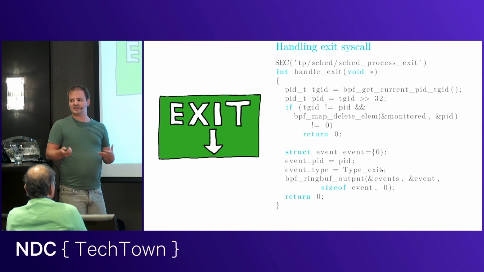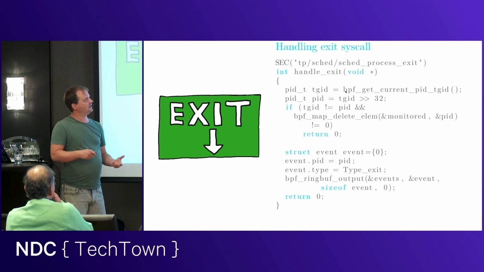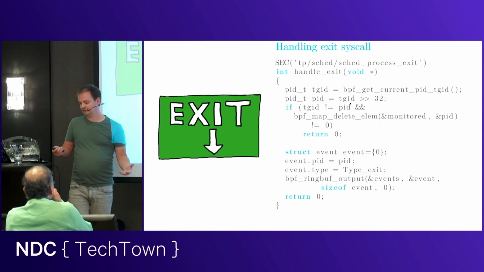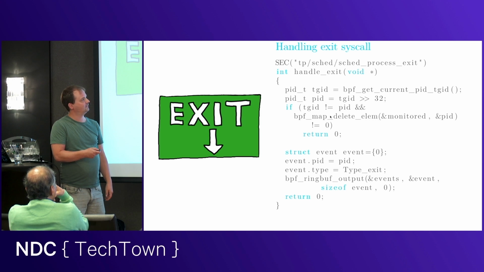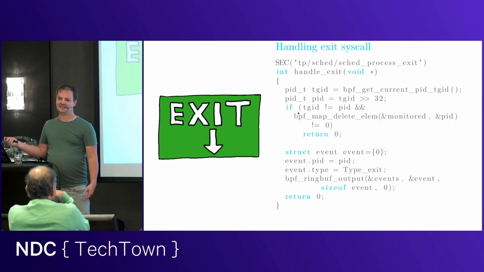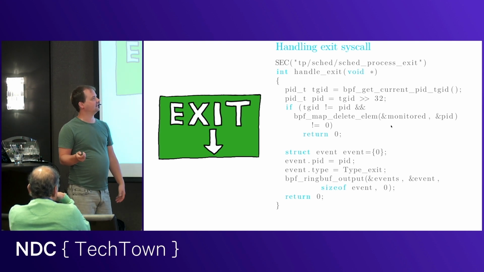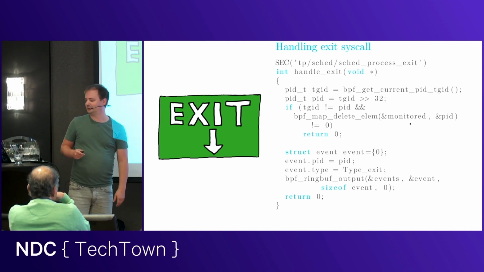This is kind of similar to the previous one. I get my thread ID and PID. And then I check, first off, whether it's the process or the thread that's exiting. If the thread is exiting, I don't want to do anything. But if it's the PID that's exiting, then I want to do my work.